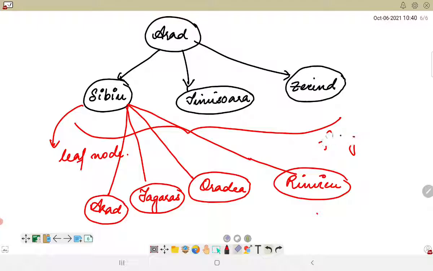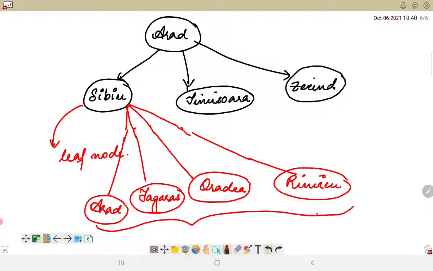Which is the fringe now? This will no longer be the fringe because I have already expanded one of its nodes, right? So now the fringe will be shifted to this part, and this will be known as the fringe, and the leaf nodes are basically the nodes of the fringe. So this we have to remember, right?